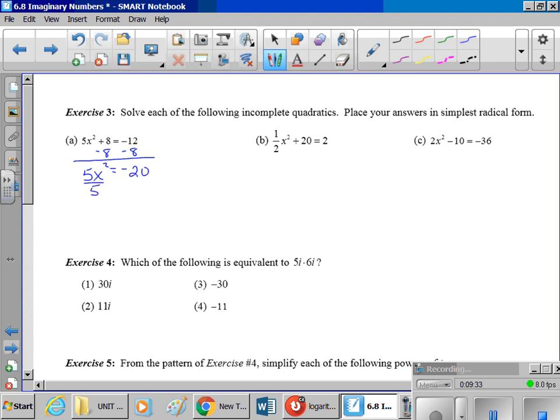Divide both sides by 5, and we get x squared is equal to -4. So that means x is equal to plus and minus, because we take the square root of both sides, plus and minus 2i.